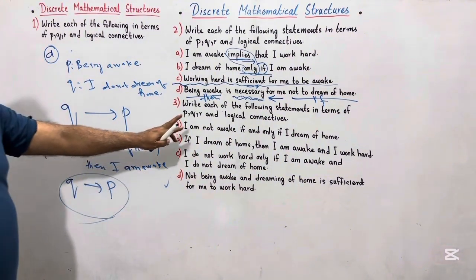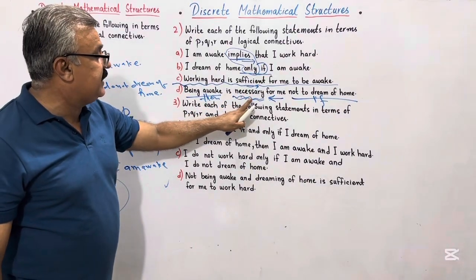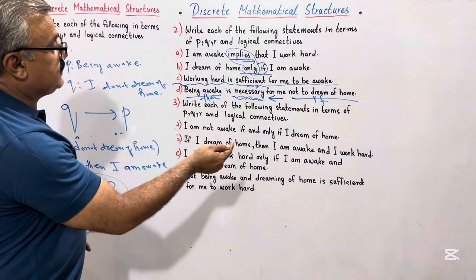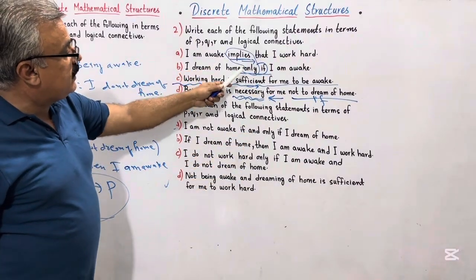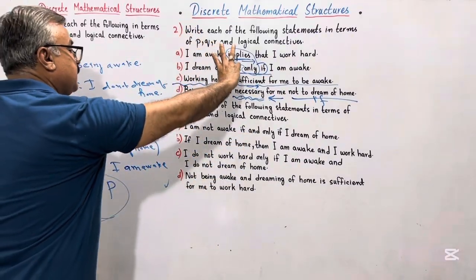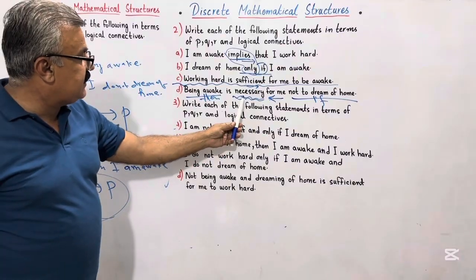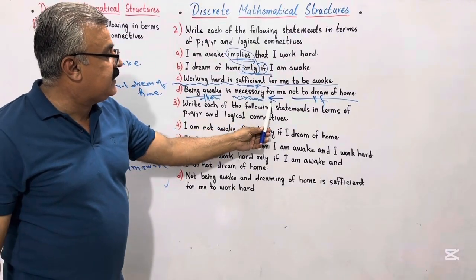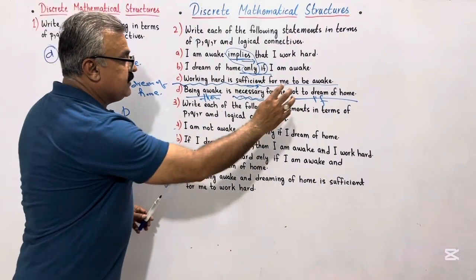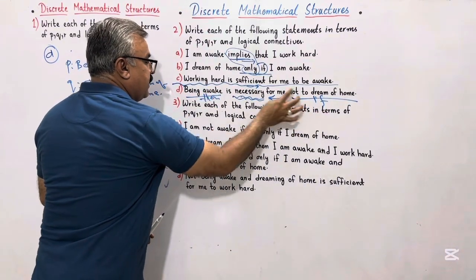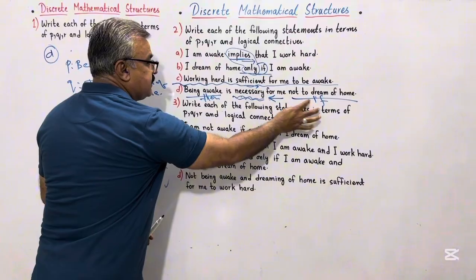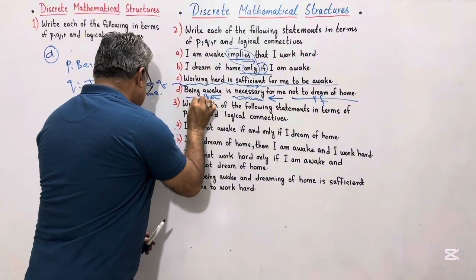That is the way to handle necessary. Necessary means inverse arrow, reverse arrow. Implies, only if, and sufficient are synonyms for each other. Necessary stands for the reverse direction: this is our premise, that's our conclusion.